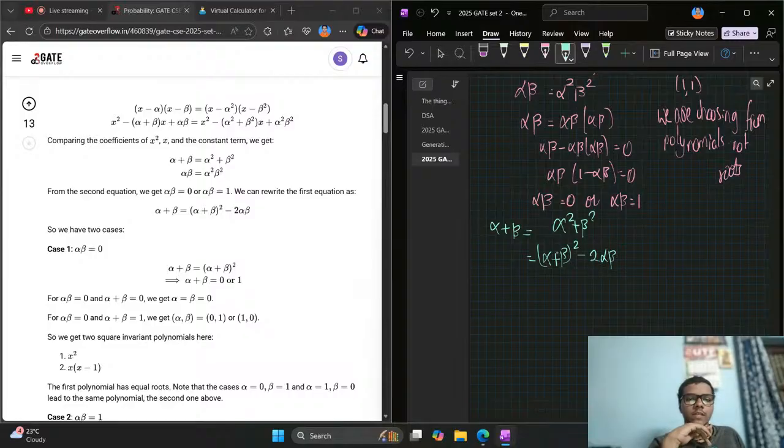We have already taken the condition as alpha beta is equal to 0. So alpha plus beta is equal to alpha plus beta whole square. We got that. Only 0 squared is equal to 0, 1 squared is equal to 1. So alpha plus beta is equal to 0 or 1.